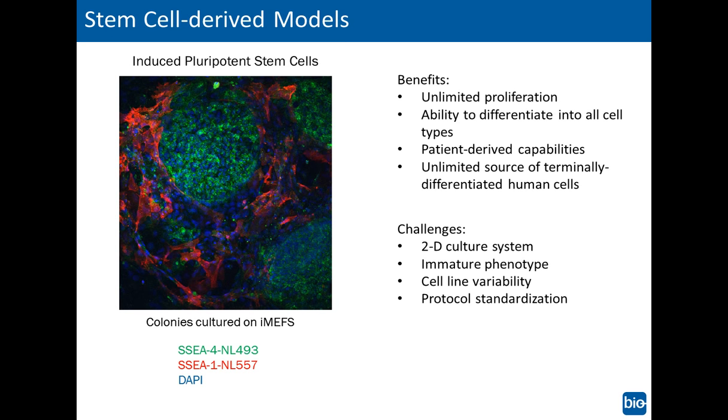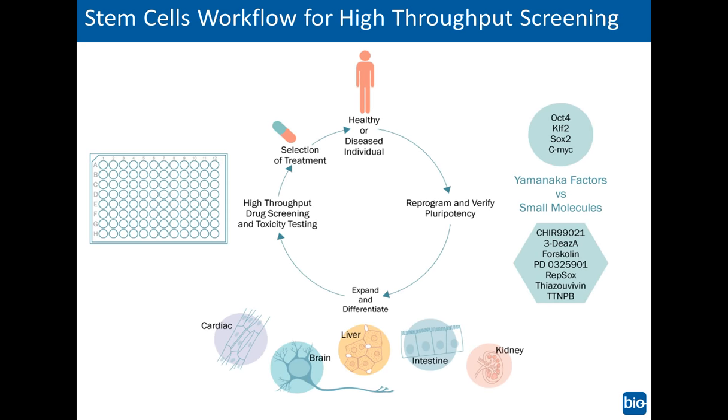But a challenge that's come more to the forefront in recent years is trying to accommodate the cell line variability between induced pluripotent cell lines, as well as trying to develop standardized protocols for differentiating these cell lines into different cell types. And I'll talk more about those in the next few slides.